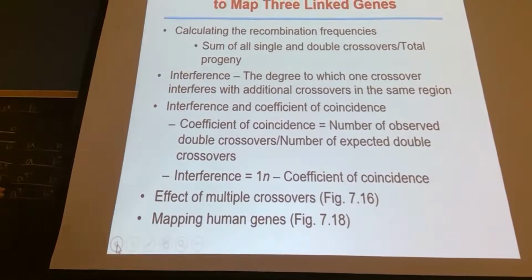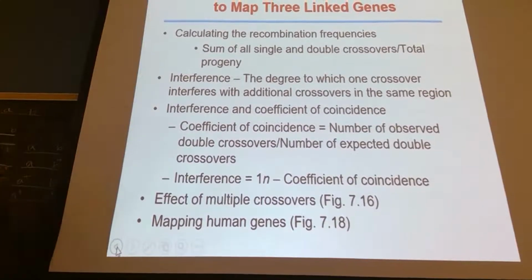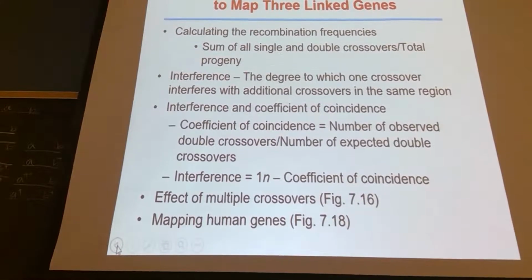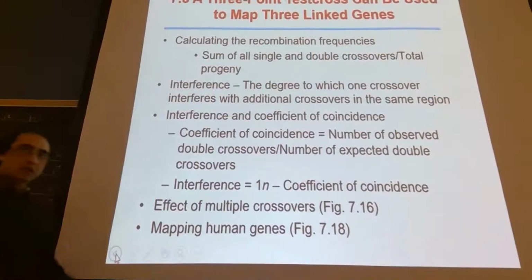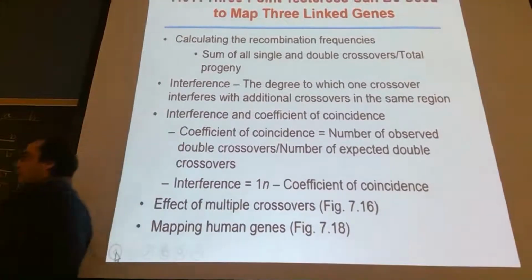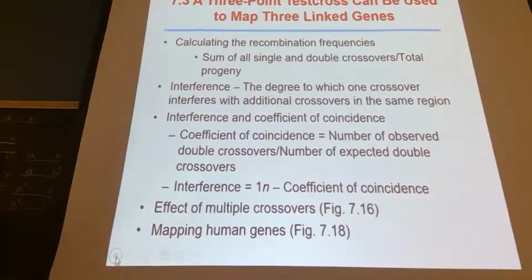So what is the recombinant frequency? Sum of all single and double crossovers divided by total progeny. That is our recombinant frequency. And what is interference?